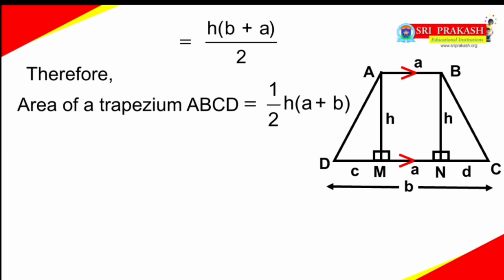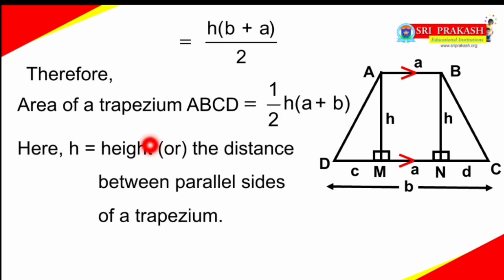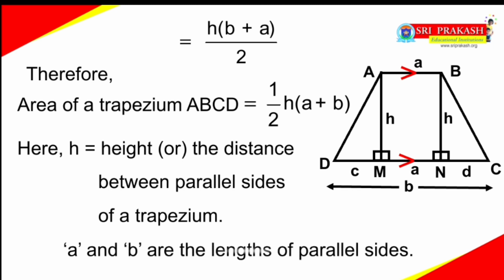In this formula, h is equal to the height of a trapezium or the distance between parallel sides of a trapezium. So here AM and BN are also called the distance between the two parallel sides AB and CD. Next, a and b are the lengths of parallel sides.